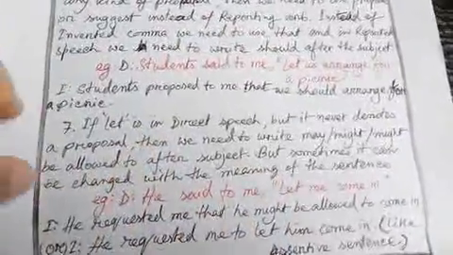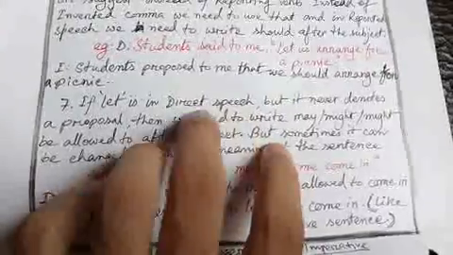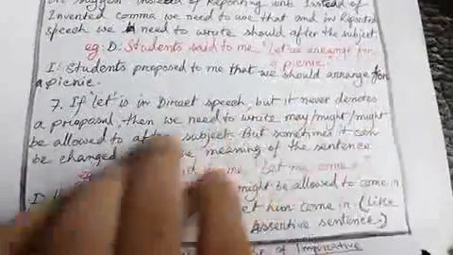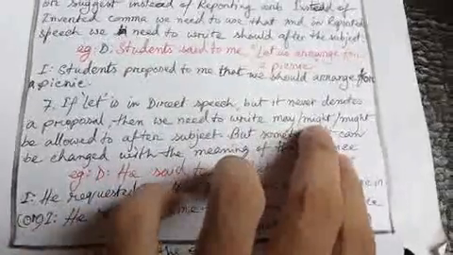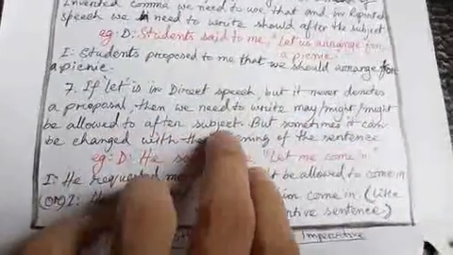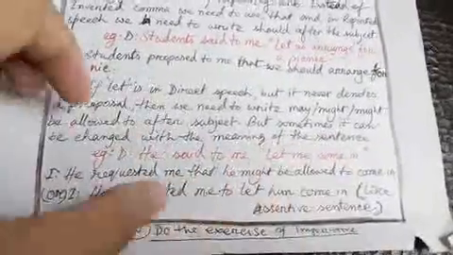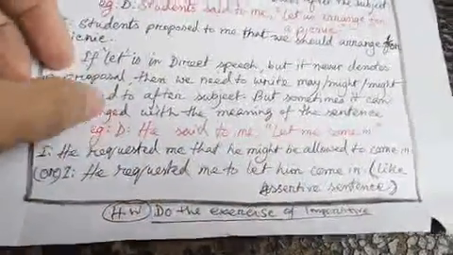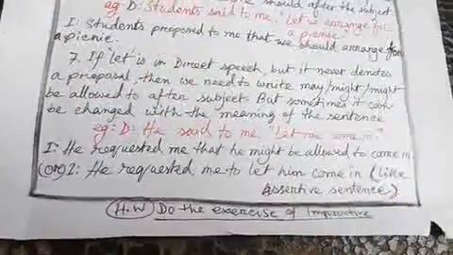So the next and last rule is, if let is in direct speech, but it never denotes a proposal, then we need to write may or might be allowed to after the subject, but sometimes it can change with the meaning of the sentence. So what is the example? He said to me, let me come in, because somebody is behind the door.